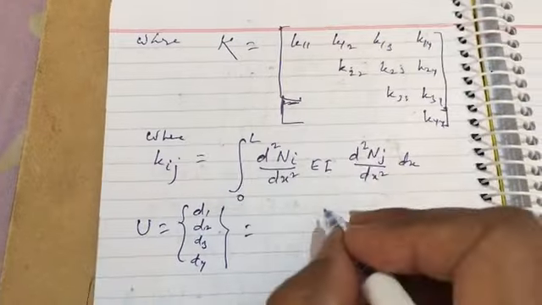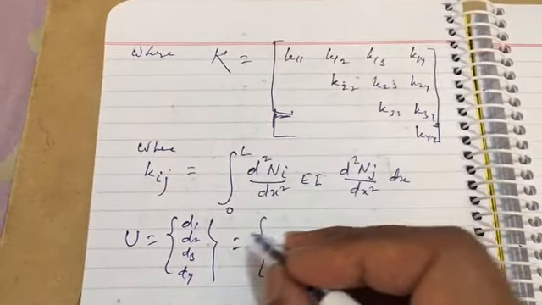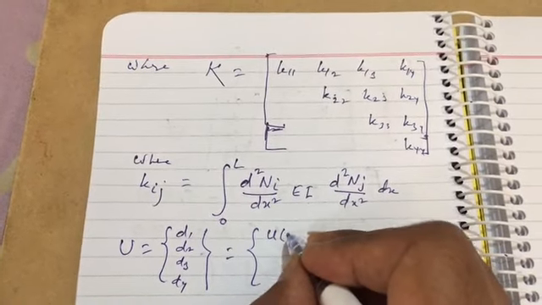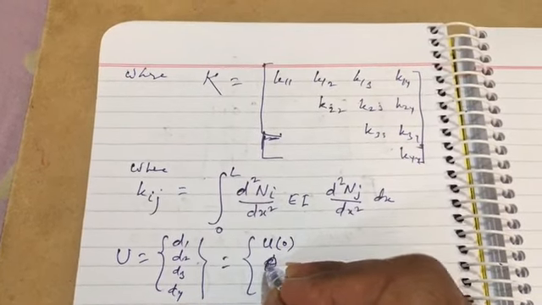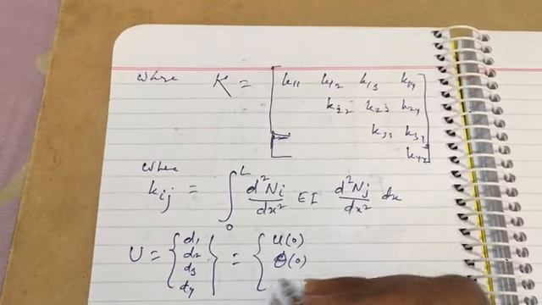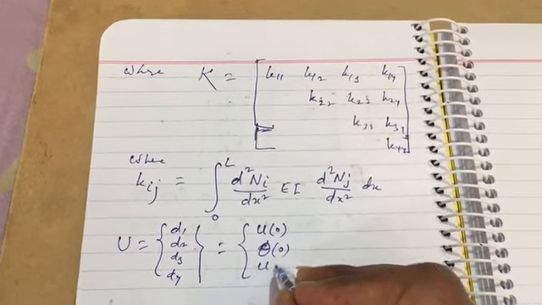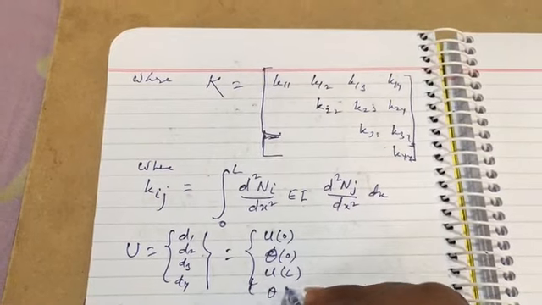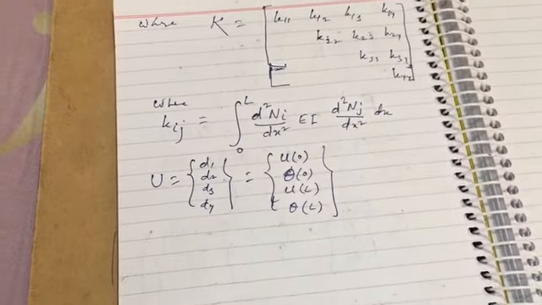However, we know from the previous video lecture that d1 is equal to u at x equal to 0, d2 is theta at x equal to 0, d3 is u at L, and d4 is theta at L. So this is u.